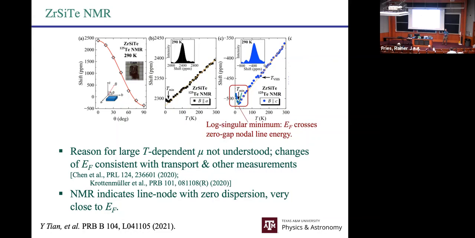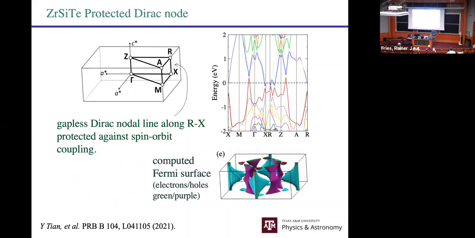And the quasi two-dimensional corresponds to the fact that it's a nodal line and not just a point. So that's the behavior. We actually show that the node is very close to the Fermi level and has very little dispersion, meaning the energy is essentially constant along the node. So that was the result there.